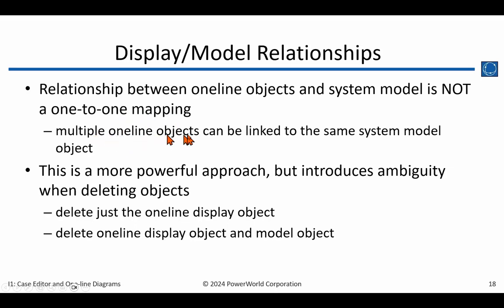You can have multiple representations of the same object, such as a bus or a transmission line, on the same one-line diagram. It's a powerful approach, but it does introduce some ambiguity when you're deleting objects. So when you go to delete from a one-line diagram, you have the option of deleting just the display object or deleting the display object and the underlying model object.